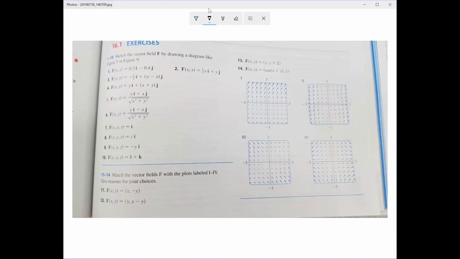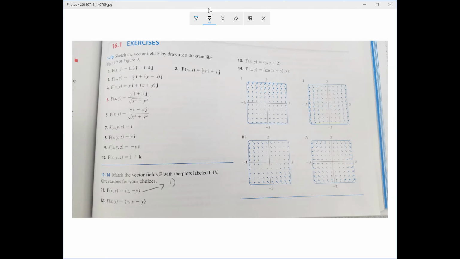For number 11, we have the vector field F, and we're trying to match it with the plots labeled I to IV. For these kinds of questions, what I usually do is look at all the different quadrants first. In the first quadrant, we have positive values of x and positive values of y.